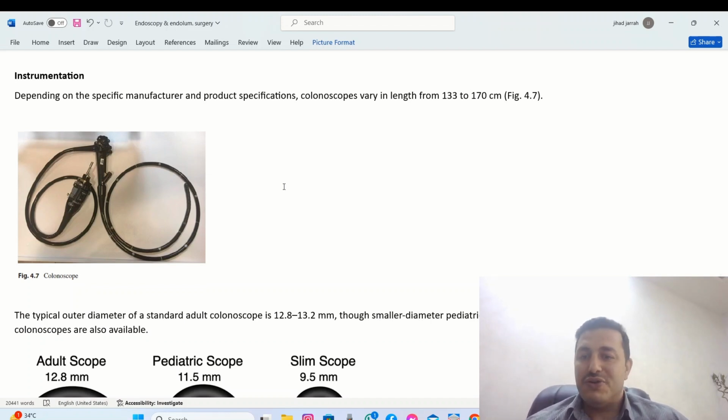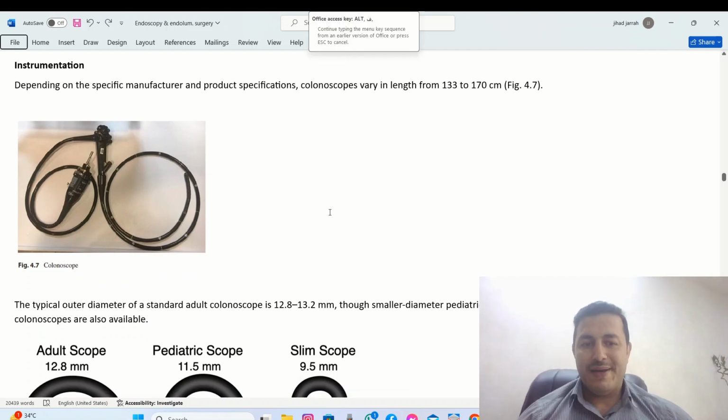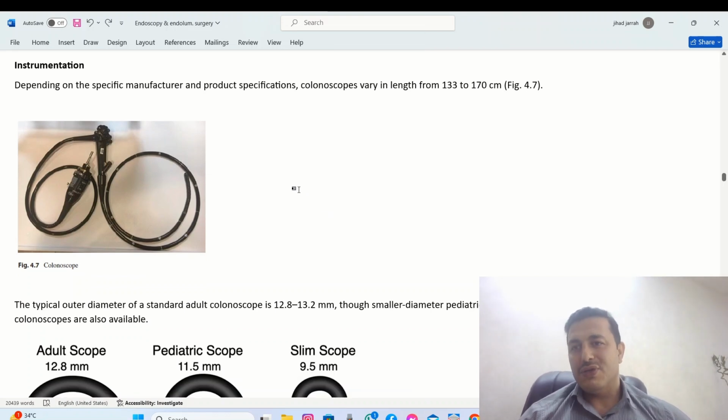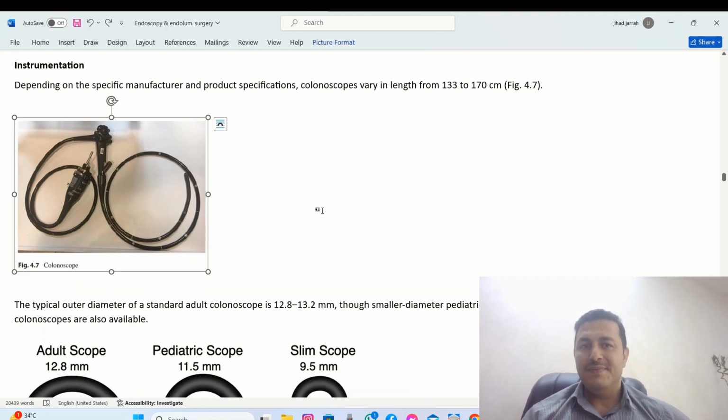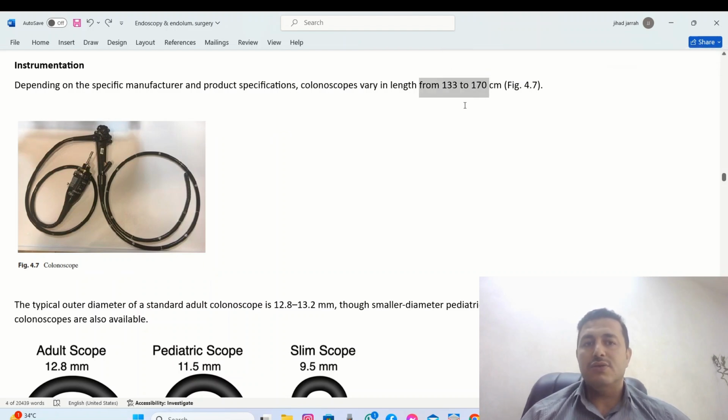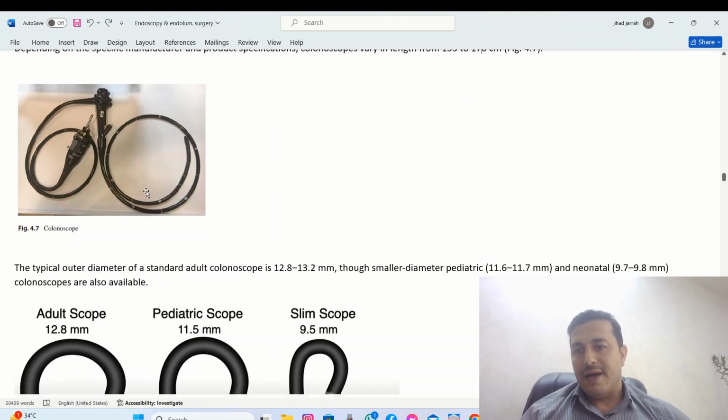The instrumentation, we are going to talk about a nice part of this lecture. You can see how the colonoscope looks, and the length depends on the manufacturer. It can range from 1 meter 33 centimeters to 1 meter 70 centimeters.